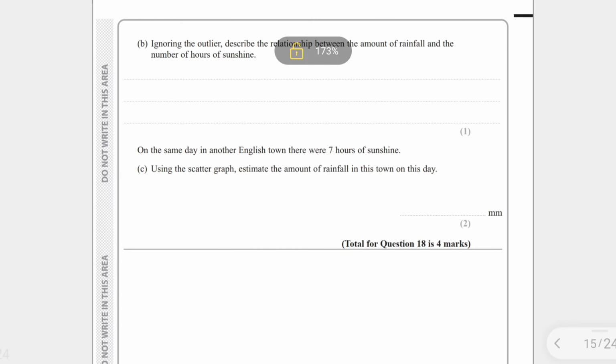Ignoring the outlier, describe the relationship between the amount of rainfall and the number of hours of sunshine.